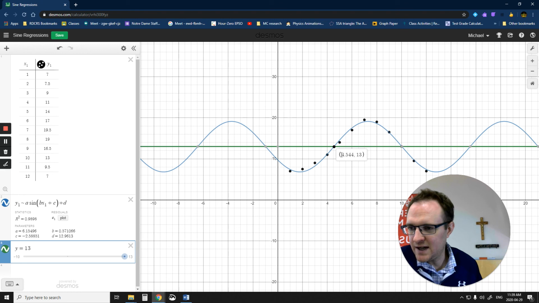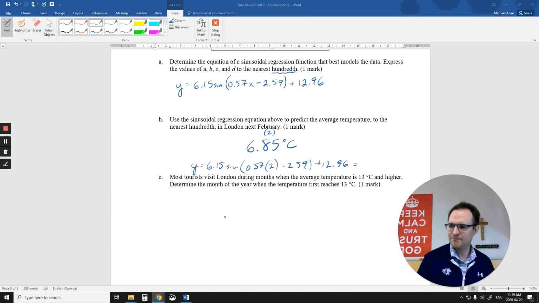So 4.5 months later, so that's January, February, March, April, May. So May would be the first. The first time, because April doesn't quite reach the average temperature properly there. So May, the 5th month.